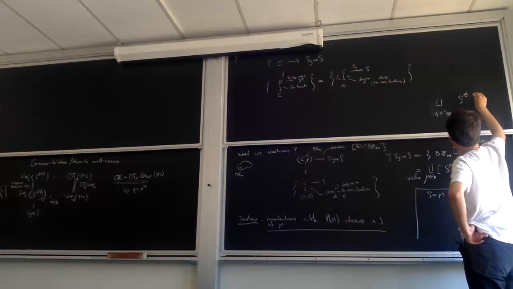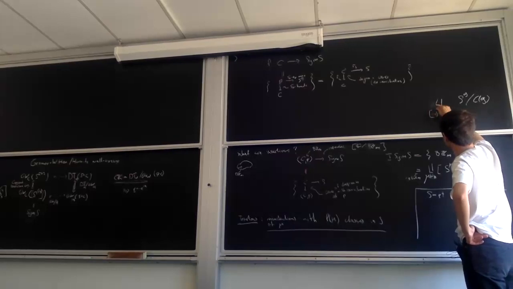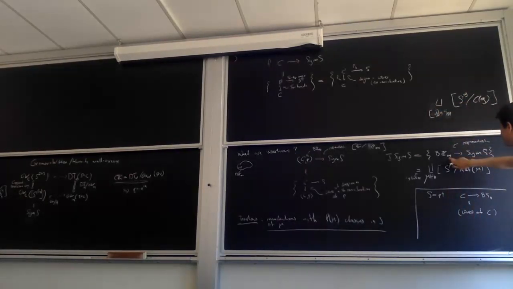You take the fixed loci and you quotient down by the centralizer of G, and so this m will be related to the order of this centralizer acting on a fixed point. So you vary m here. You take all different m's.